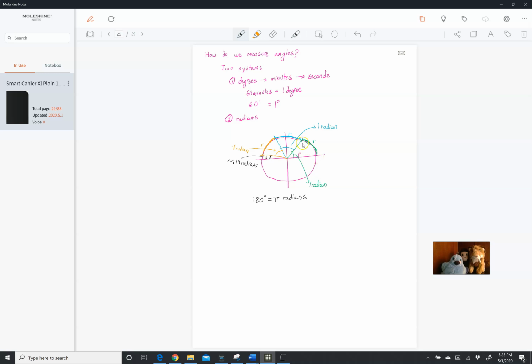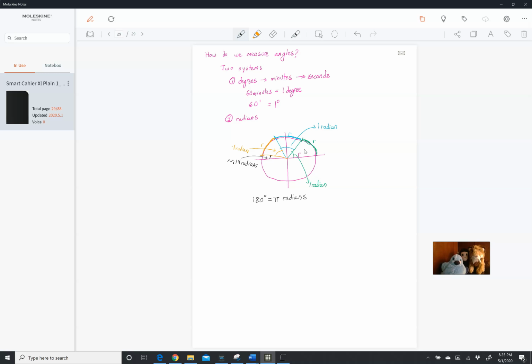We're not going over the formulas for arc length. We're not going over the formulas for the area that's within this section of the circle, okay? But if we did, you would see that the formulas are much simpler when we deal with radians.